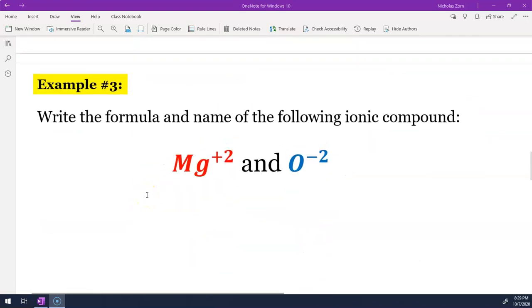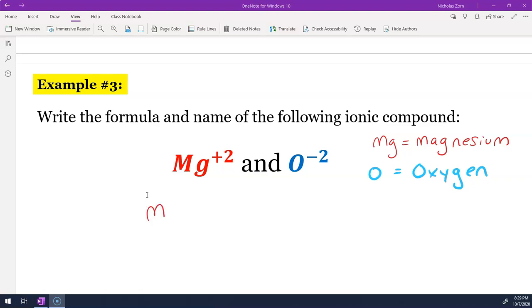Let's do another example. Write the formula and the name for the following ionic compound. Mg is magnesium. O is oxygen. Now oxygen's kind of a goofy one when we go to change the ending, as you'll see. First let's write out our cation, magnesium.